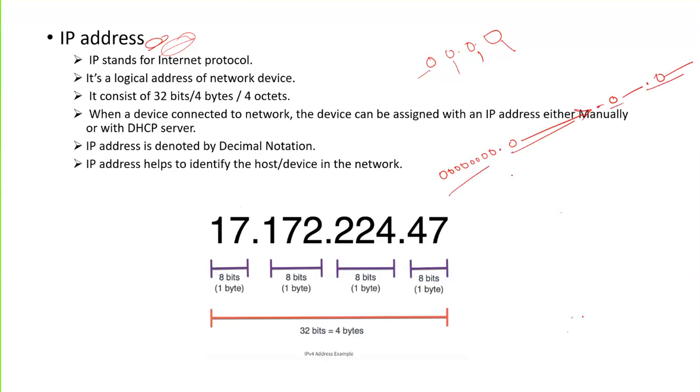Each one is called one octet, or one byte, or 8 bits. The starting of the IP address, everything is 0, so 0.0.0.0, and the highest we can keep in the 8 bits is all ones.